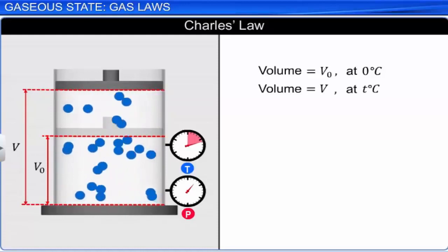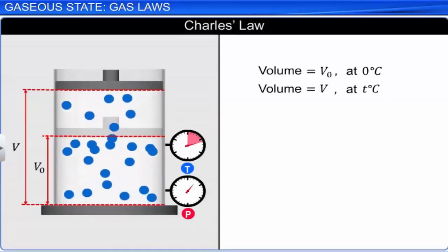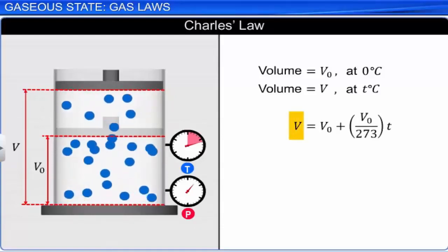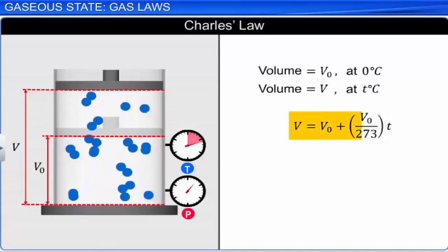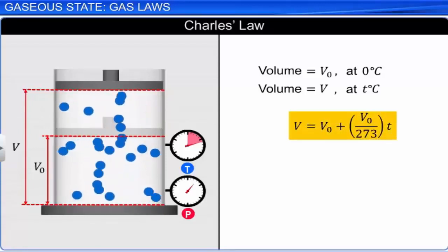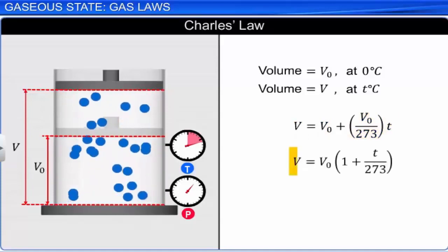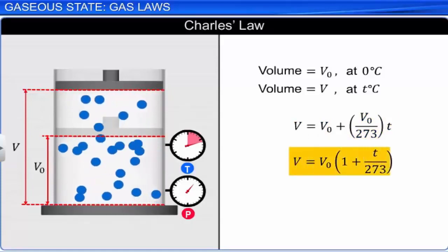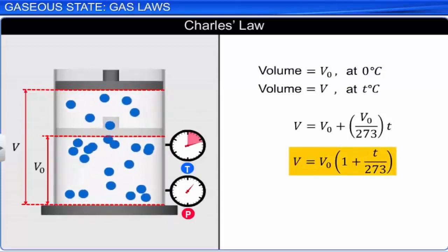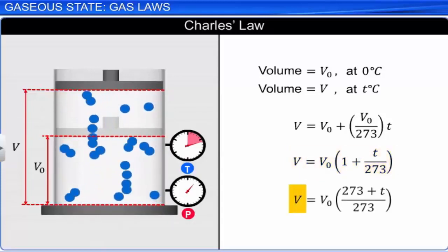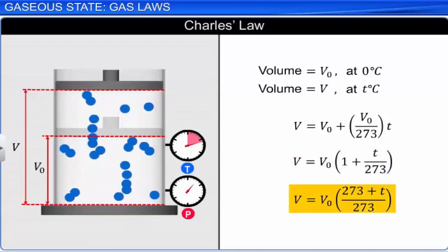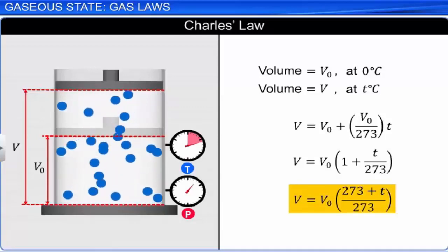Then, volume V at temperature T is equal to V0 plus V0 divided by 273 into T. Or, V is equal to V0 into (1 plus T divided by 273). Or, V is equal to V0 into (273 plus T) whole divided by 273. Let this be equation 1.